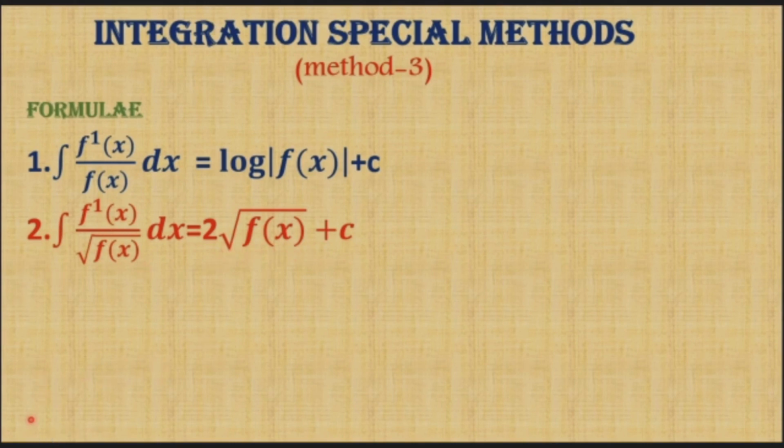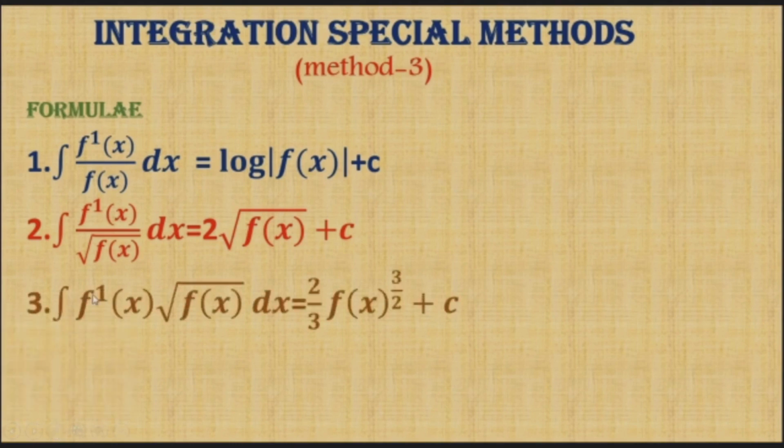Right. Now the third formation. Integration of f dash of x into root f of x into dx is equal to 2 by 3 into f of x whole to the power of 3 by 2 plus c. Here you observe, function and differentiation are both side by side. Before, in the two models, the function was in the denominator.